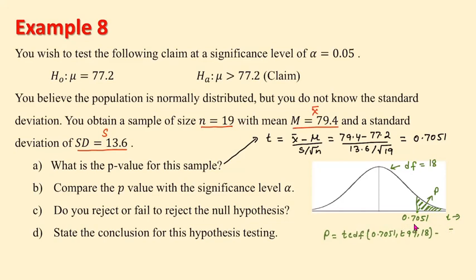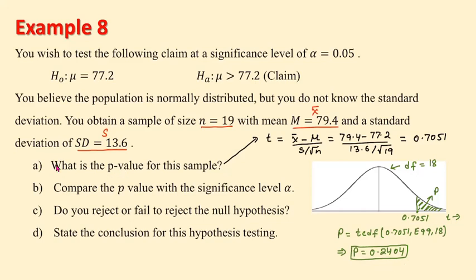So let's type this in the calculator and get that value. This implies our P value will be equal to 0.2404. If you go to 2nd Vars, you'll see the distribution menu, and we can use tcdf to get this value in the TI-84 calculator.